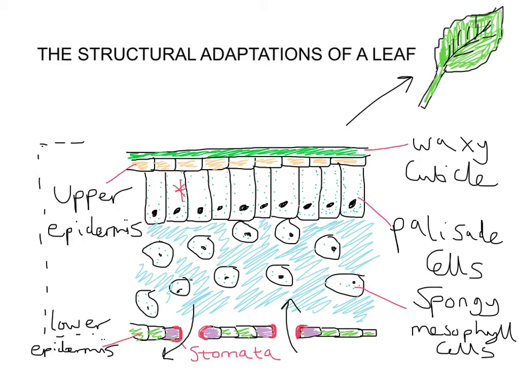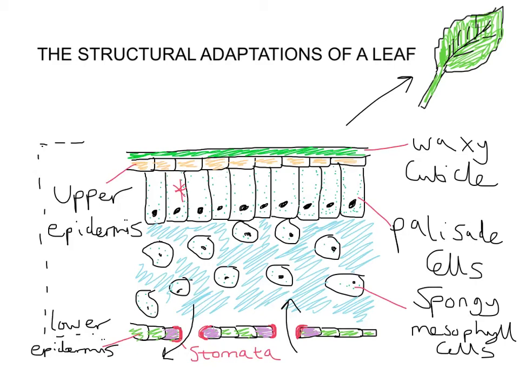So we have what's called our lower epidermis. It is a layer with lots of tiny pores or holes, called stomata, that are opened and closed by guard cells, and the job of that is to regulate the entry of CO2 and the loss of water from the leaf.